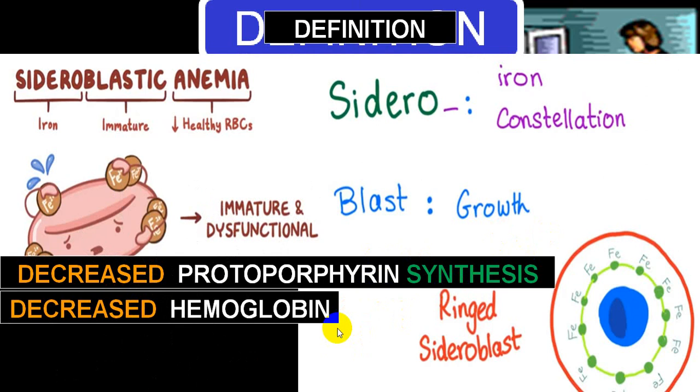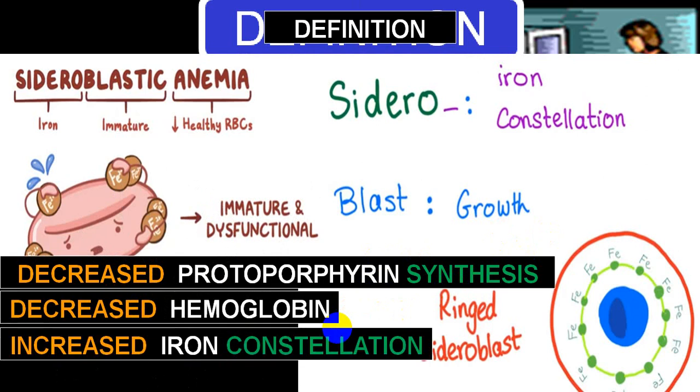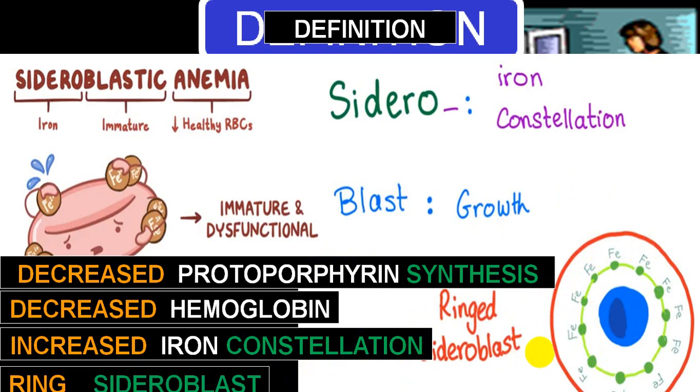Hemoglobin synthesis is decreased because protoporphyrin is not there, so heme cannot be synthesized. And iron utilization is decreased. So iron is available, but it cannot be incorporated because there is no protoporphyrin, and that's why the iron remains in the RBC and forms what we call a ring. There are different varieties we will show you in other slides. So that gives rise to ring sideroblasts.